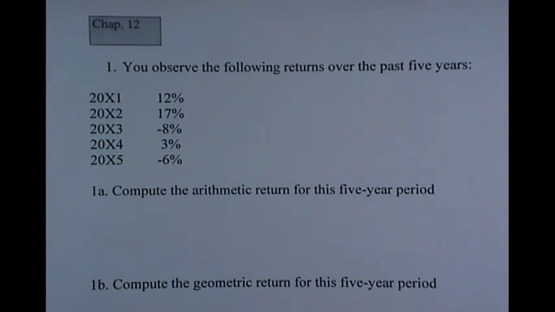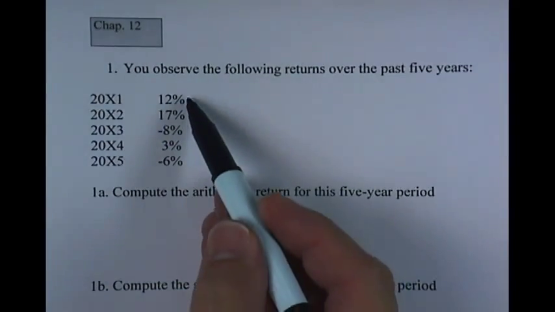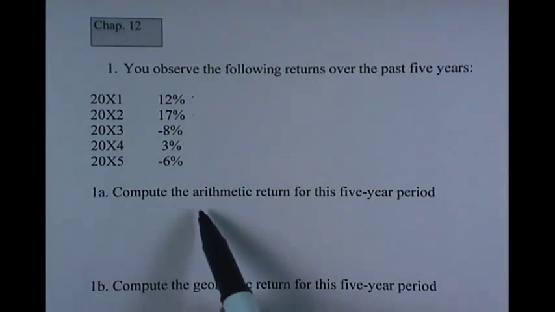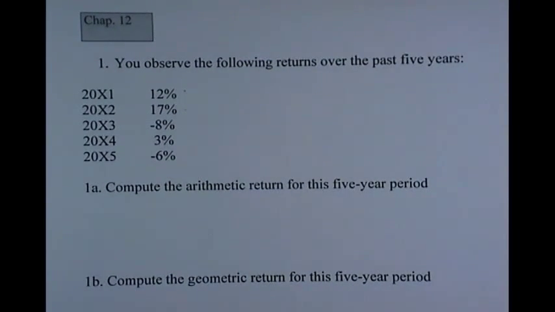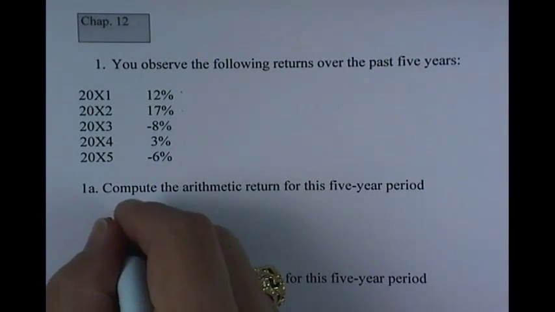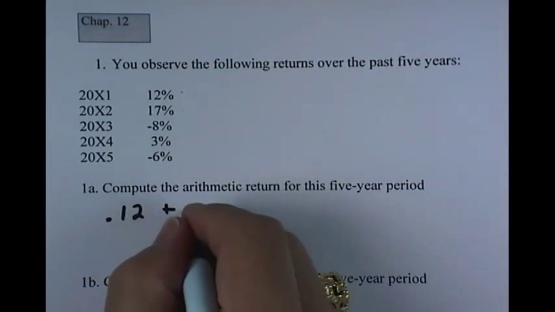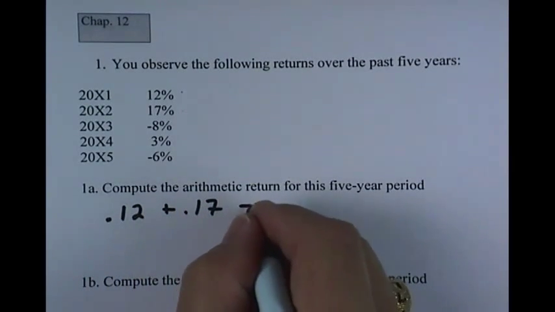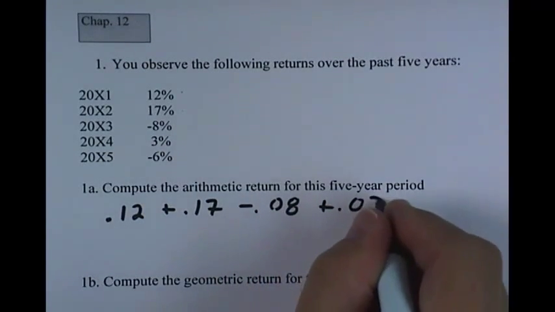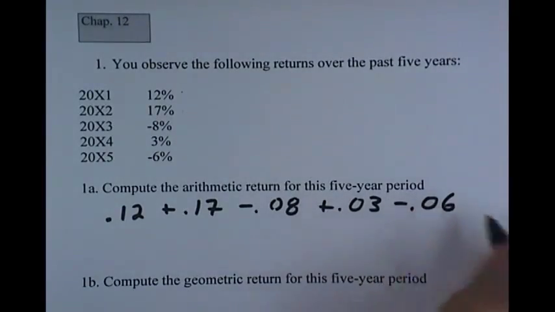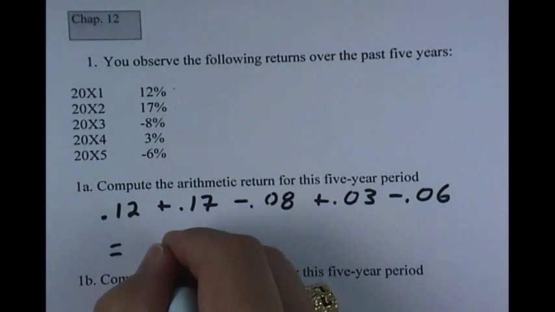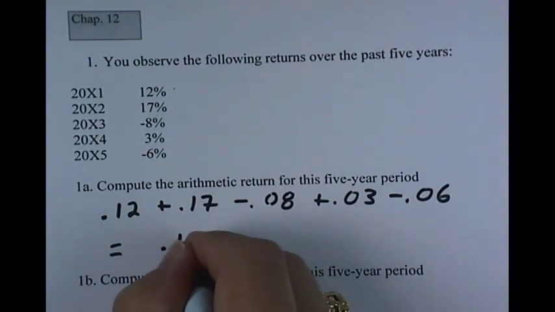The supplemental practice problem for Chapter 12 gives us different returns over a 5-year period of time and asks us to compute the arithmetic return and the geometric return for this 5 years. For the arithmetic return, we just take a simple average, add up these returns, so the sum of all those returns is 18%.